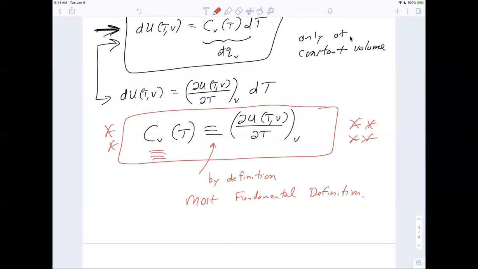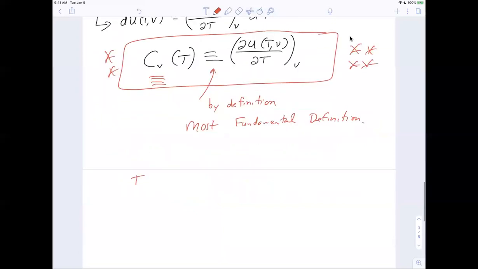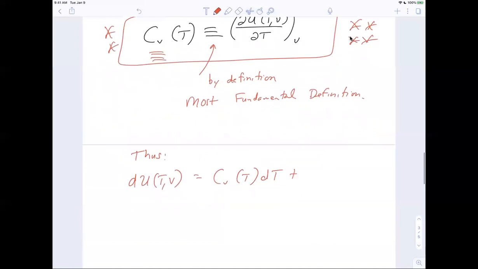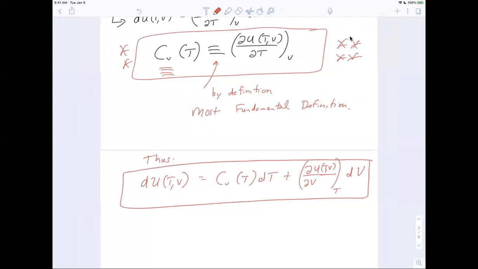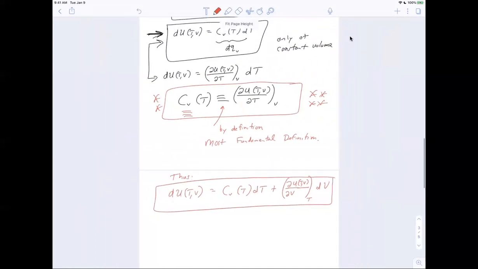Let me write a few more. Thus, we can write dU of T and V is equal to CV of T dT plus the partial of U with respect to V at constant T times dV. I still feel like I need to write T and V here. Does everyone see how I got to that final relationship?